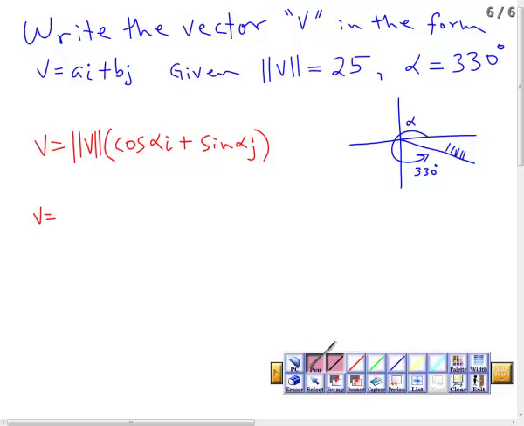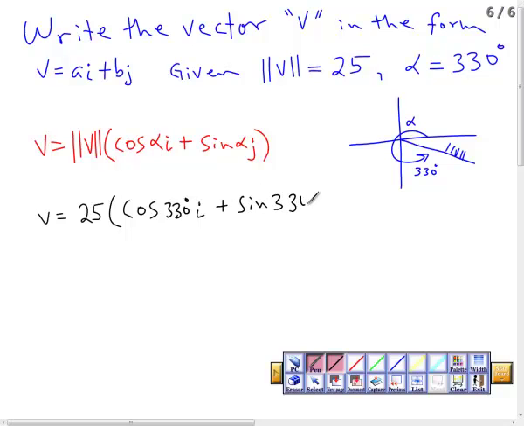So this will be 25, and we have cosine alpha, we said that's 330 degrees, I plus sine 330 degrees J.